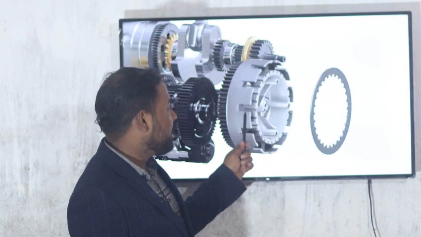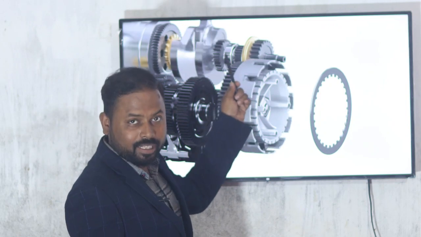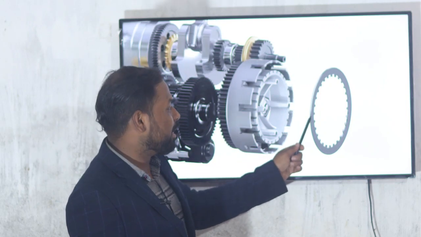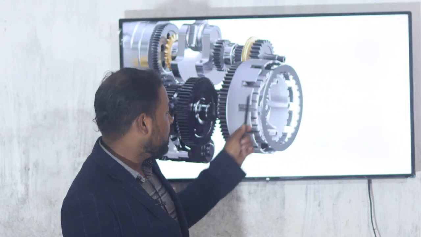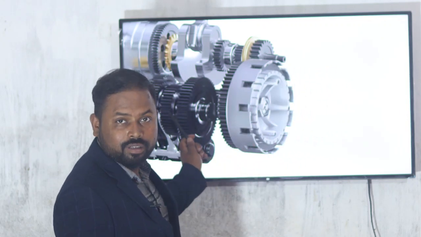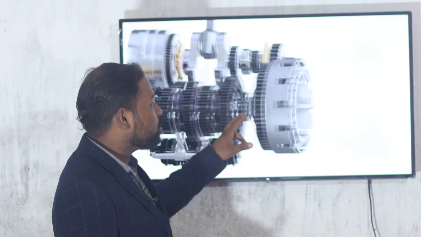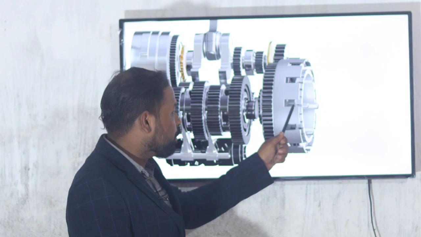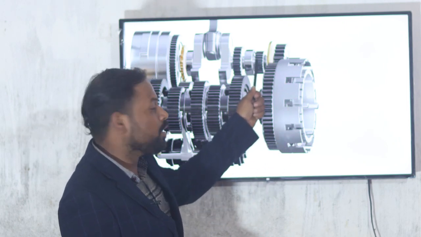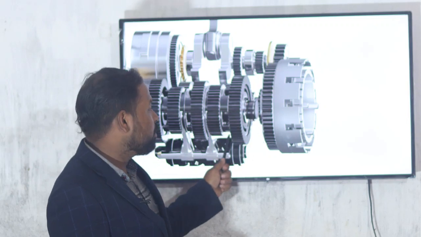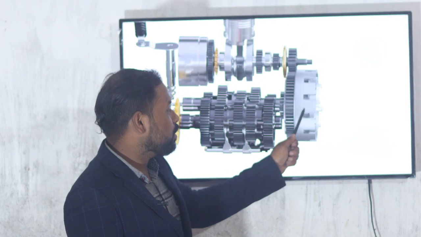The friction plate is connected to the outside, which is connected to the crankshaft, and the other plate is made of steel and is connected to the inside, which is connected to the gearbox. When both plates are meshed together, the total power is transmitted from the crankshaft to the gearbox through this hub and both plates.